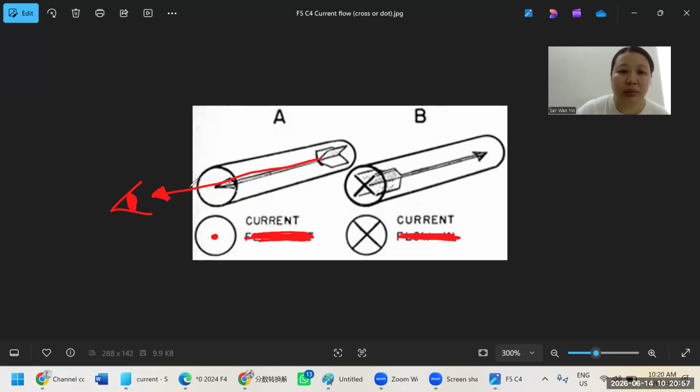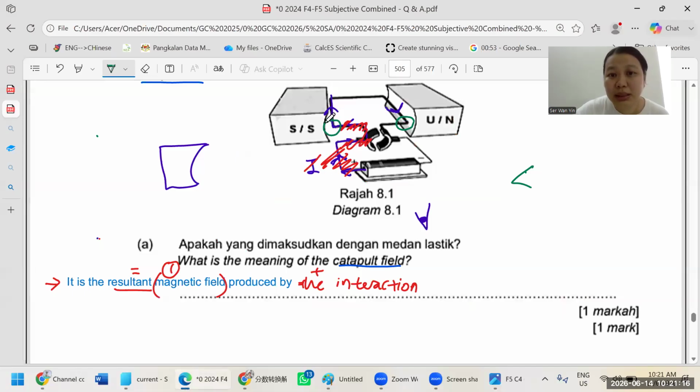You just think about it relative to you: a dot if your eye is here and the current flows towards you, and a cross if it flows away from you.